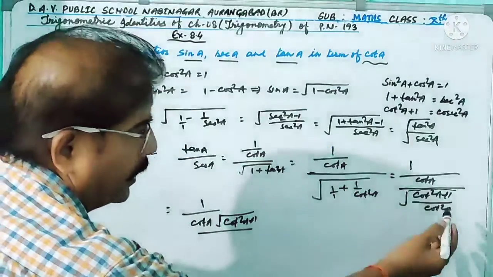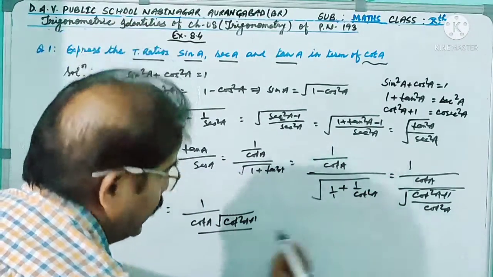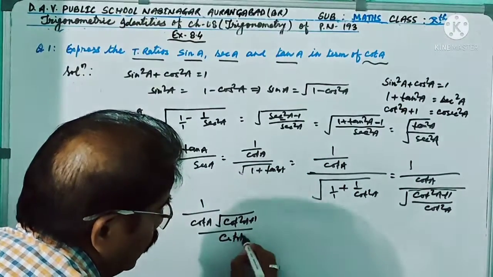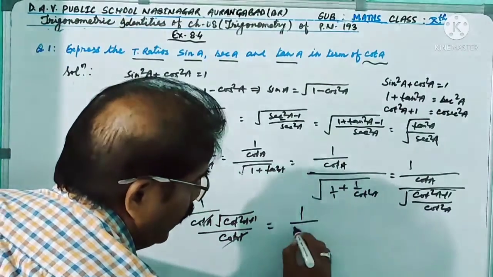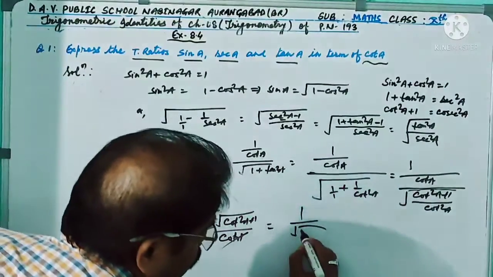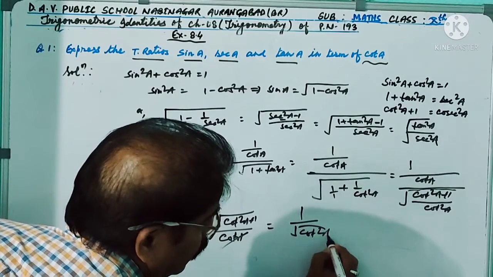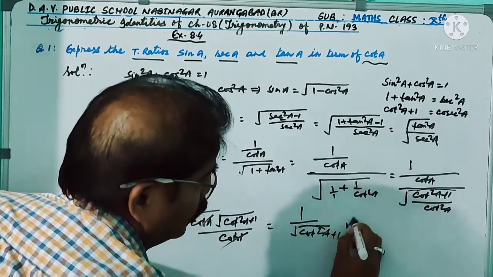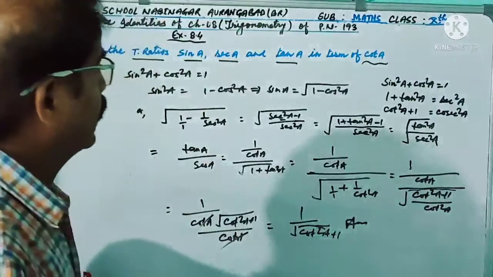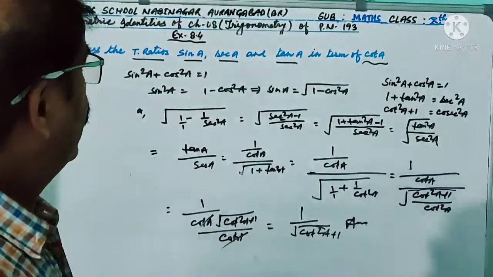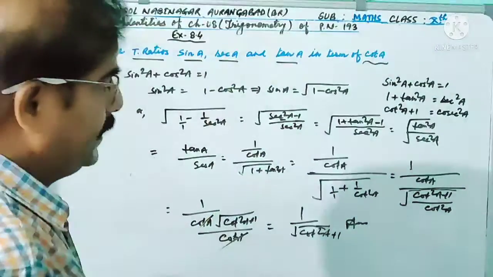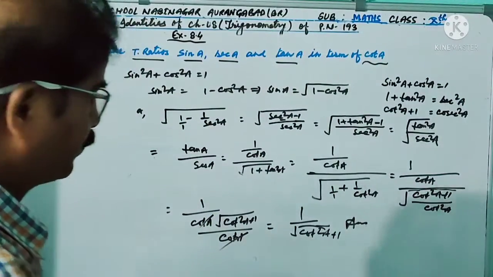Root of cot square A equal to cot A. So cot A cancels, and 1 by cot square A plus 1 is your answer. This converts sin A to cot A.